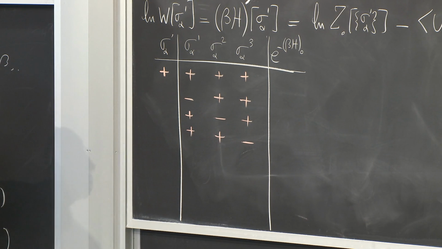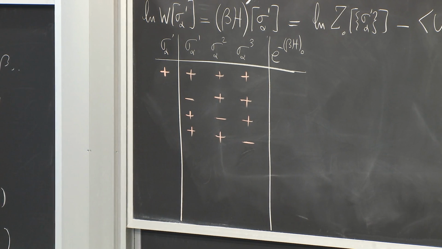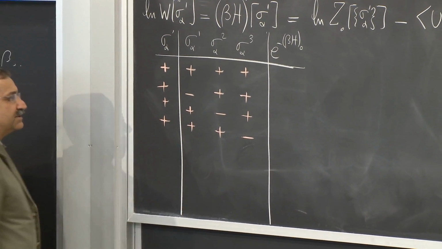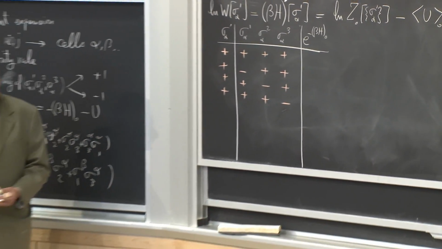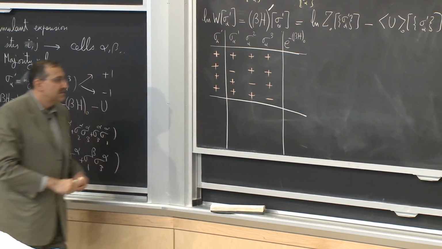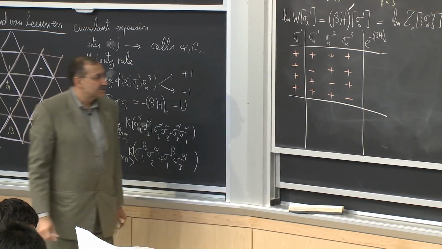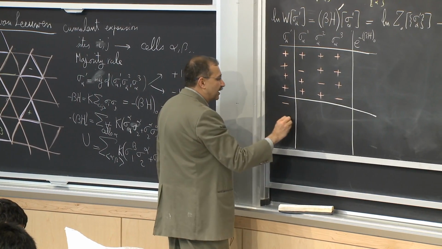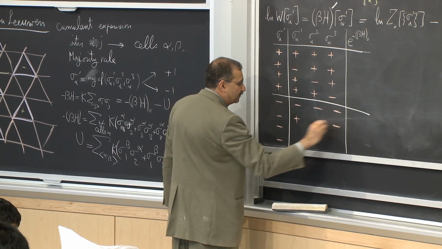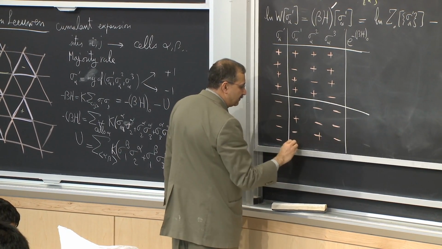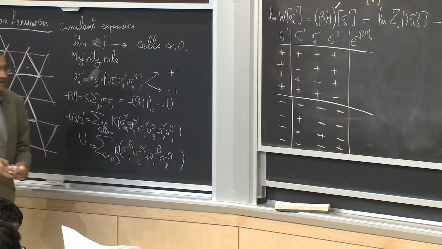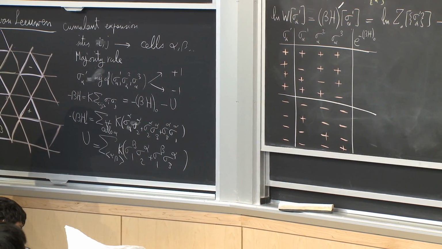So there are these configurations that are consistent, all of them, with a sigma alpha prime, the majority, that is plus. And there are 4 configurations that correspond to minuses, which are obtained by essentially flipping everything. Okay. And the weights are easy to figure out.